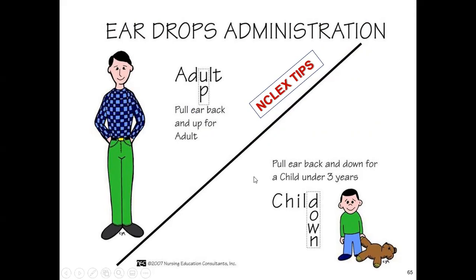For a child under the age of 3 years, pull the ear back and down. An easy way to remember: Adult, A-D-U-L-T, U means up. Pull the ear back and up for an adult. Child, C-H-I-L-D, D for down. When the patient needs eardrops, pull the ear back and down for the child.